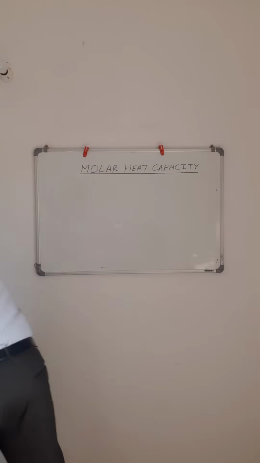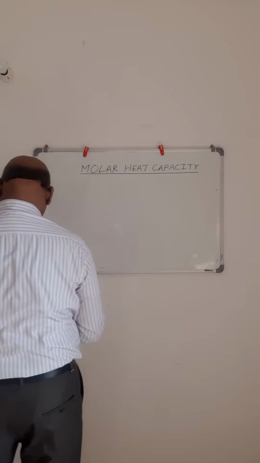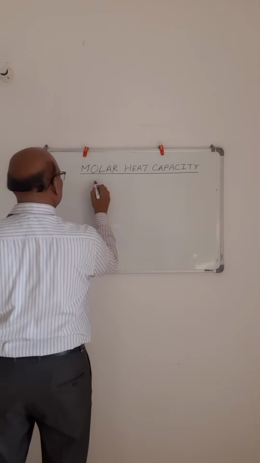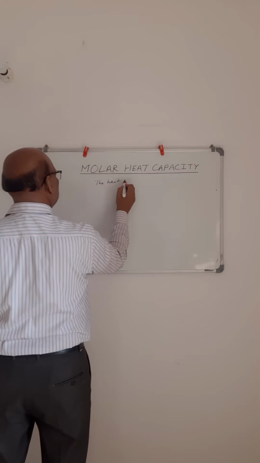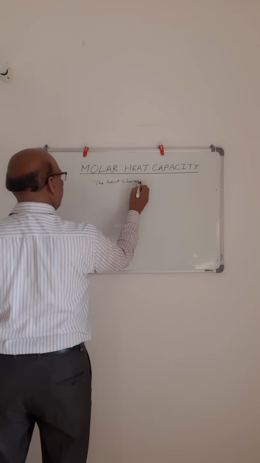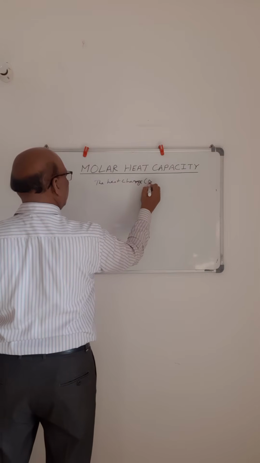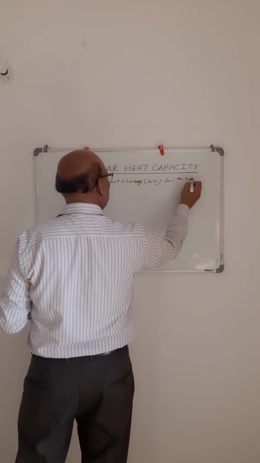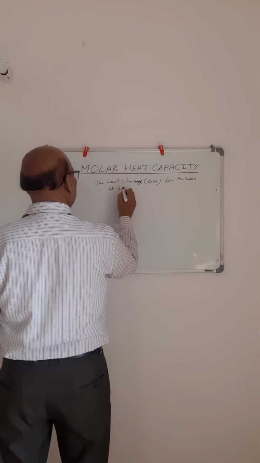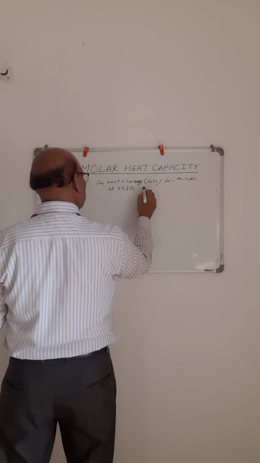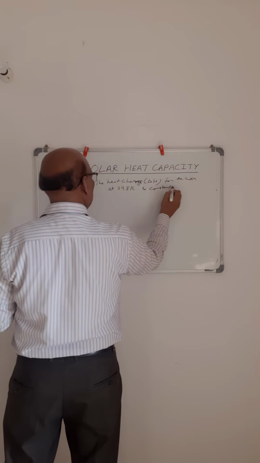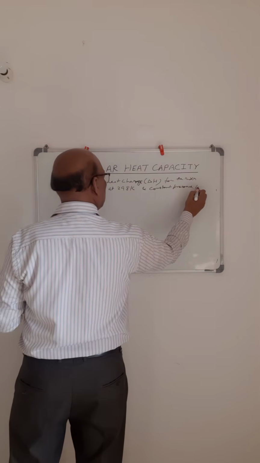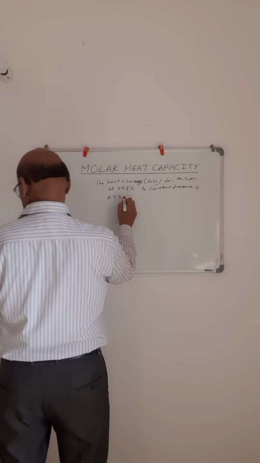Okay. Now this numerical was asked in one of the BITSAT exams. It says the heat change, that is delta H, for the following reaction at 298 Kelvin and constant pressure, it is given that pressure is constant for this reaction, is plus 7.3 kilocalorie.